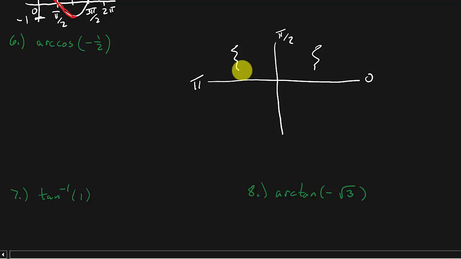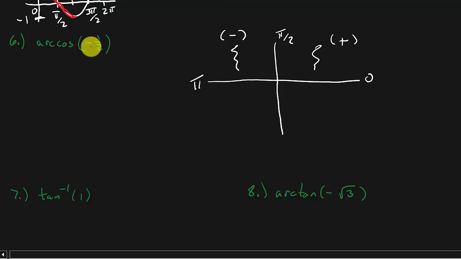So I'm looking for what is the cosine of what angle gives me -1/2. Well, I know cosine is positive in the first quadrant and it's negative in the second quadrant. So I know it's going to be over here in the second quadrant because it's a -1/2.